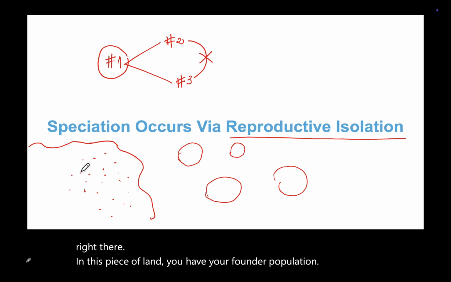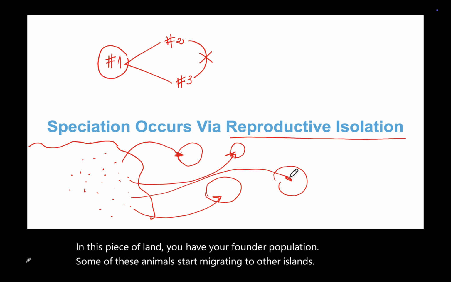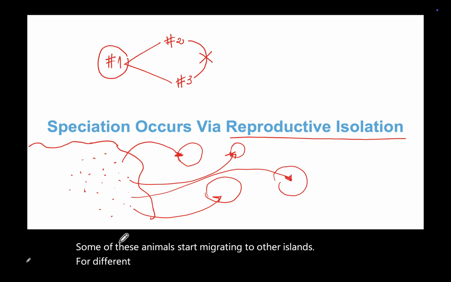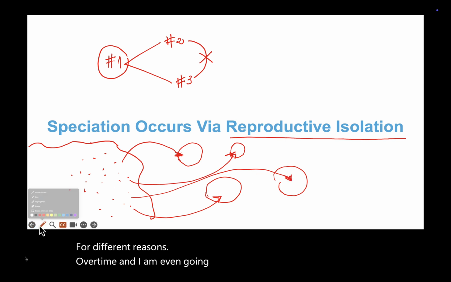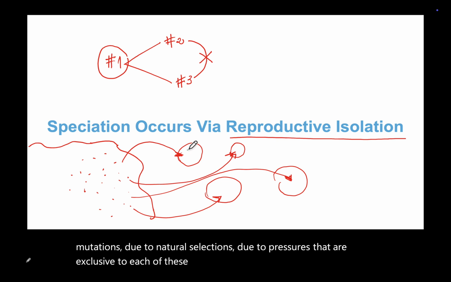Some of these animals start migrating to other islands for different reasons. Over time, due to mutations, due to natural selection, due to pressures that are exclusive to each of these environments, the individuals become different.